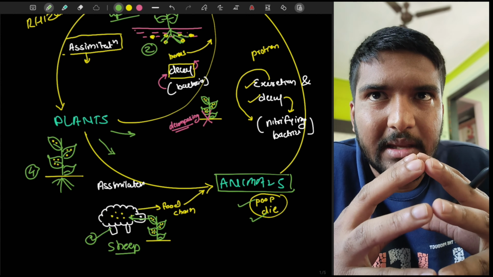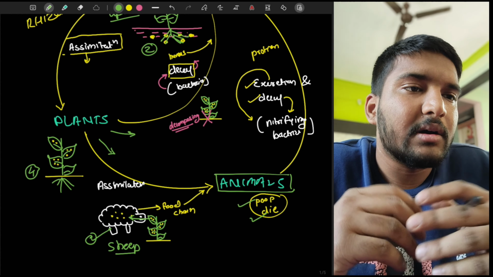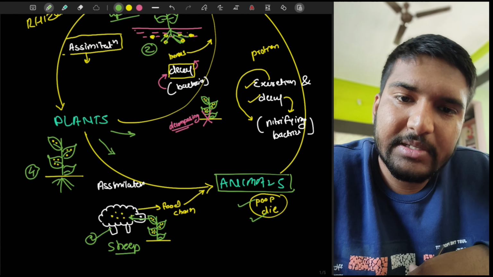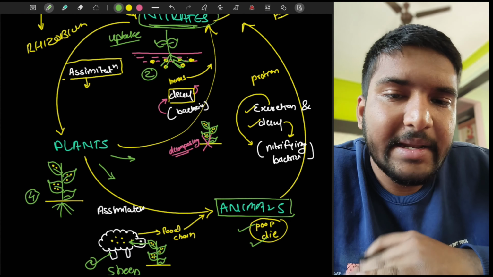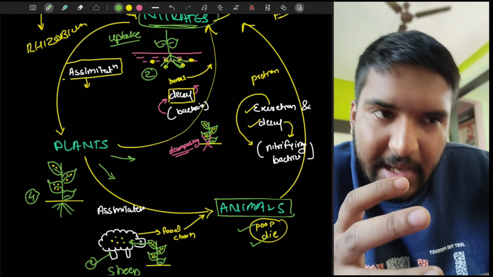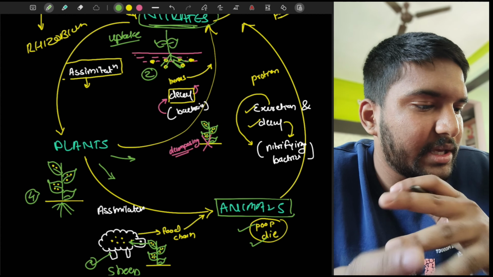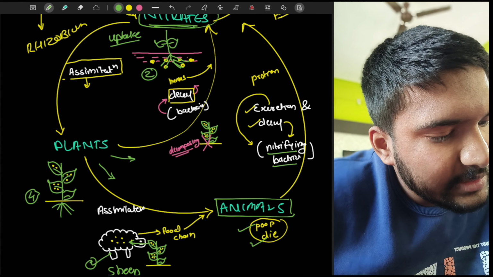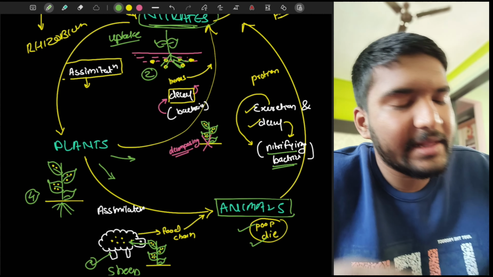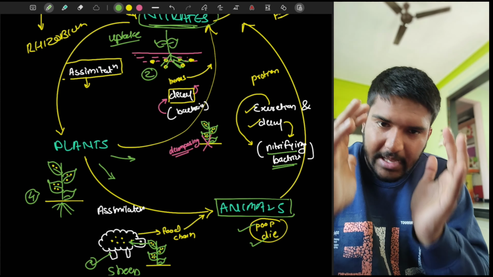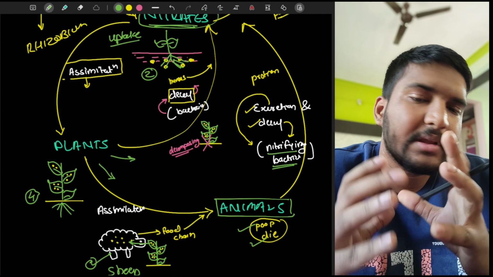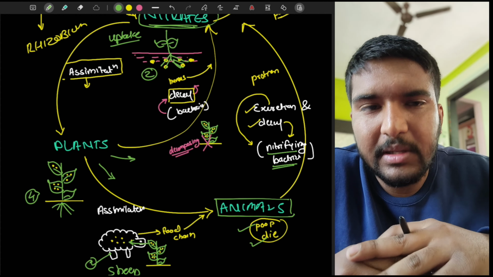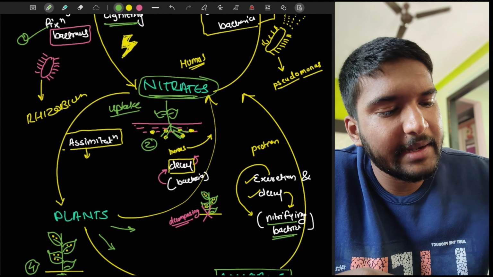So when animals excrete, again these nitrogen compounds are released, and then these are carried back to nitrates and nitrites. The second thing that can happen is animals die, and then again they are decomposed. You can clearly see here there are nitrifying bacteria that convert those complex nitrogen compounds from animals into simpler nitrogen compounds like nitrates.